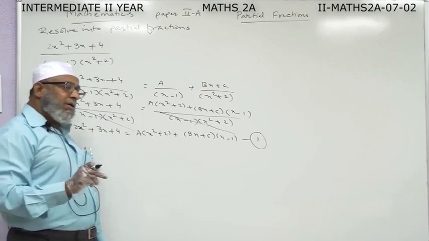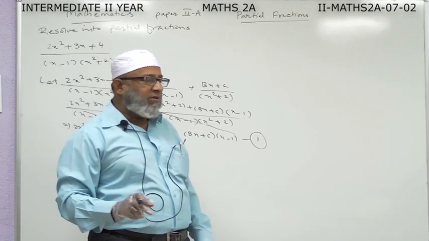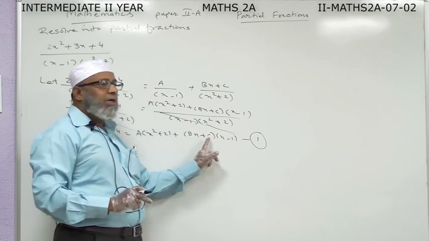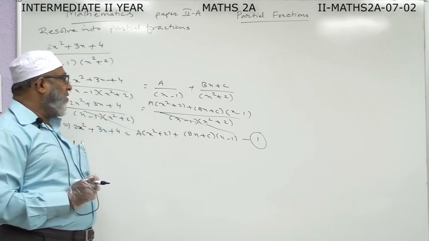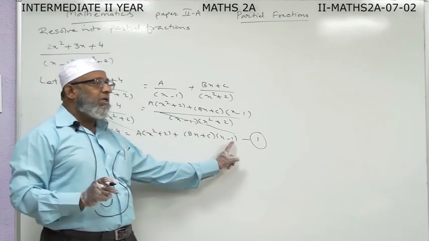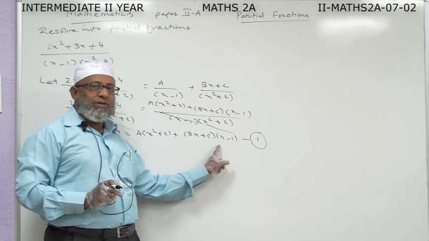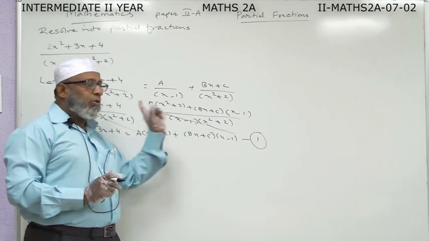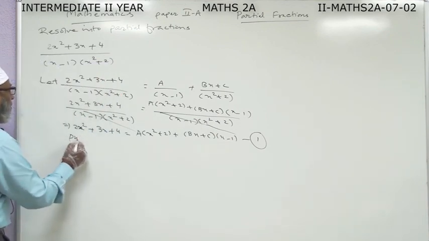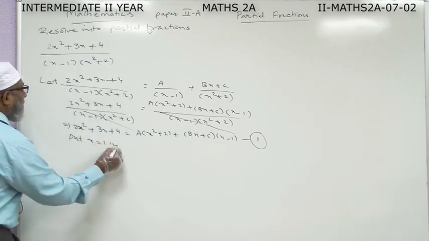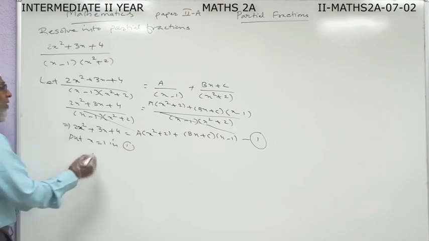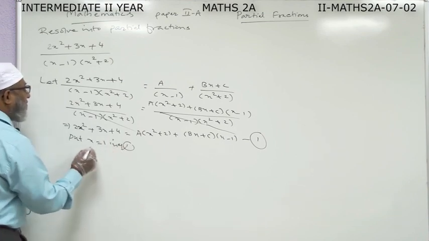Now, my purpose is to get the values of A, B and C. To get these values, what is the number here? Minus 1. So if I put x = 1, this will become 0. So put x = 1 in equation 1. In equation 1, what happened?